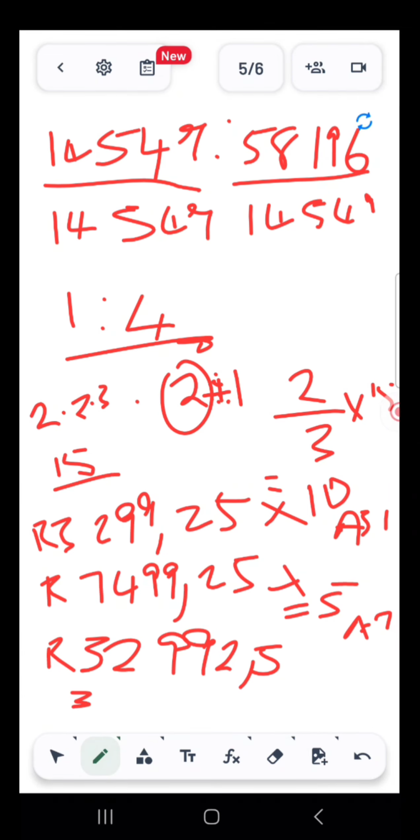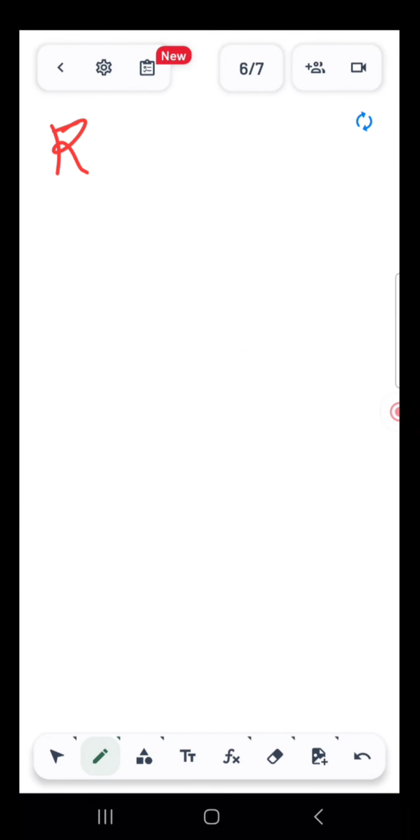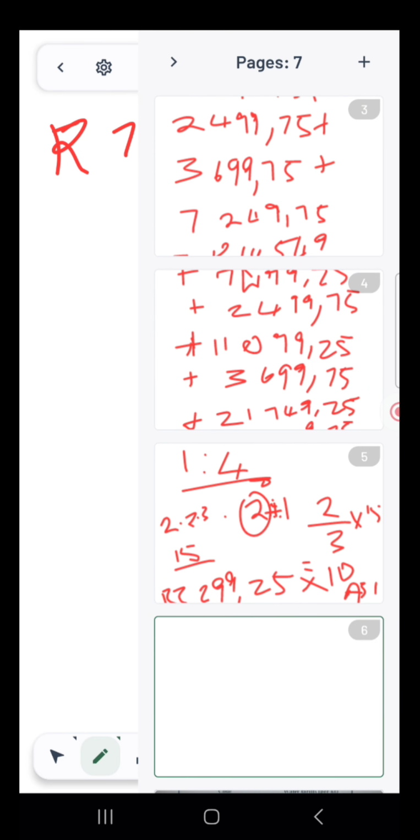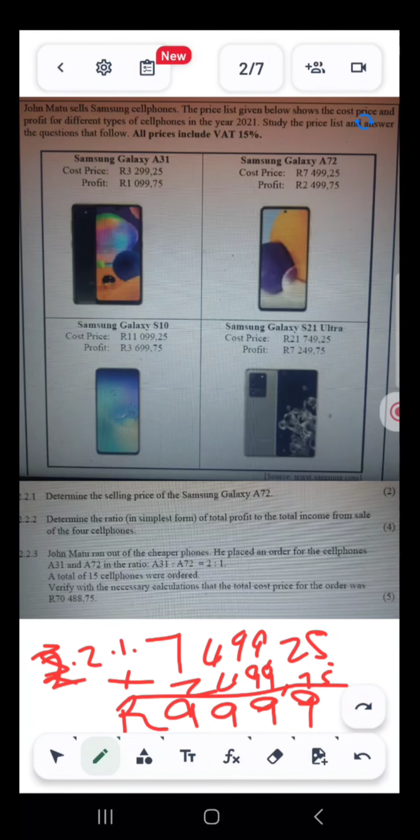It's 37,496.25. Then we add the two totals, and we get 70,488.75.